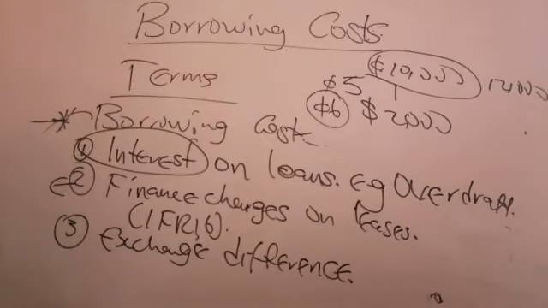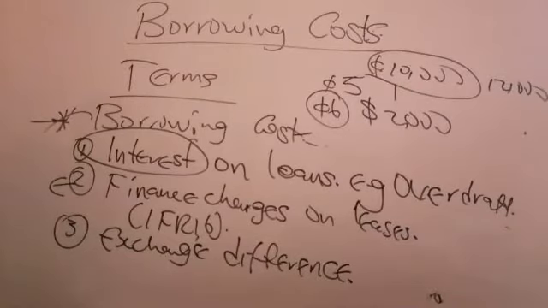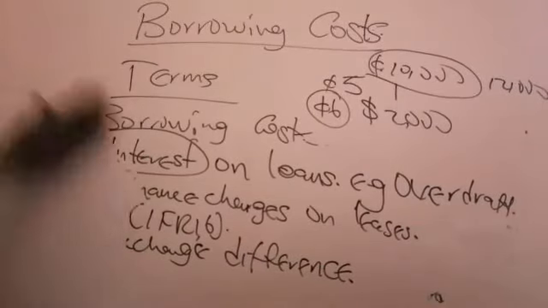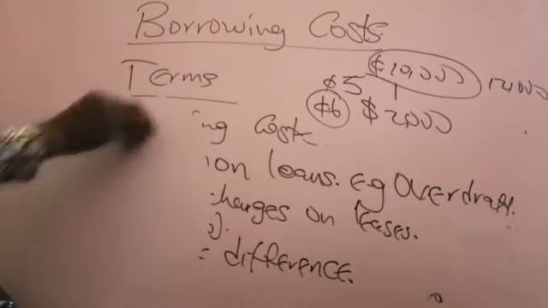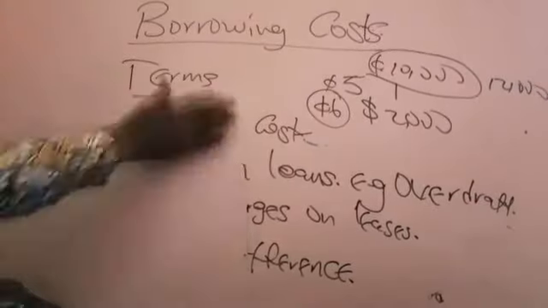Then exchange differences or foreign exchange transactions are under IAS 21, you can see that one also. Good. Now let's go to the specific examples of qualifying assets. These are the items that the standard talks about.